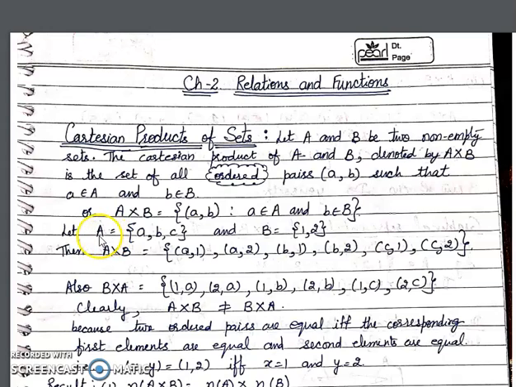So for this we take an example. Let set A consist of 3 elements a, b, c and set B consist of 2 elements 1, 2.